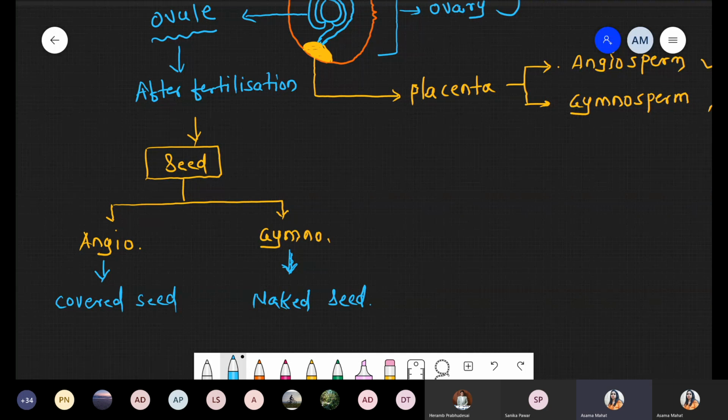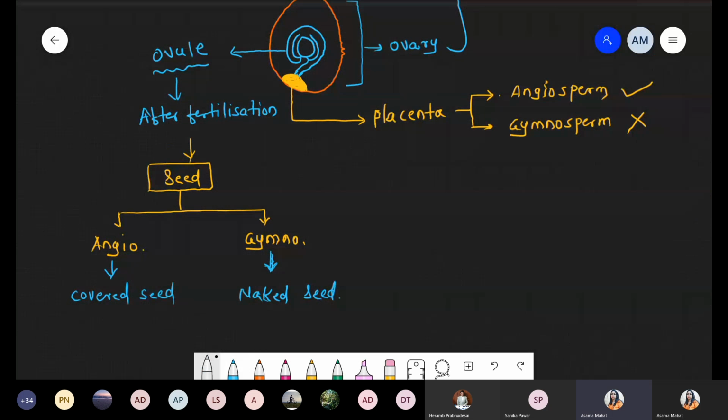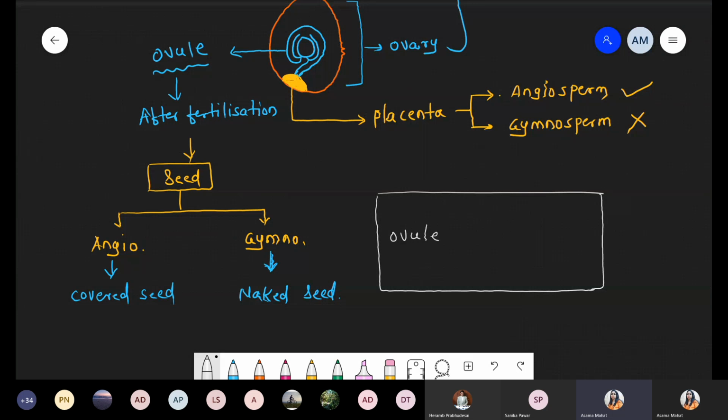So what you understand from this is that the placenta is present only in angiosperms but absent in gymnosperms. But the ovule is present in both gymnosperms and angiosperms.